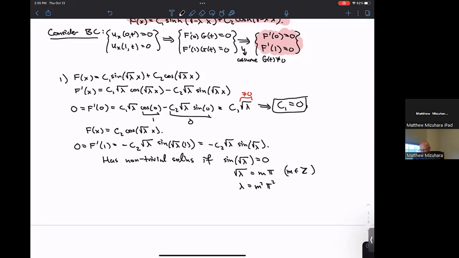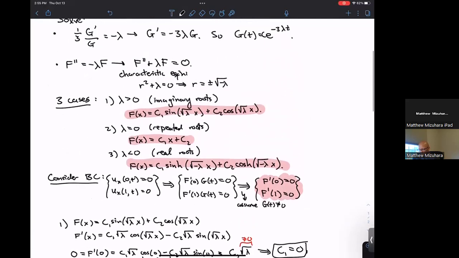Okay, good. So in this case, we do get some candidates for a solution. So f of x is anything of the form, and you can leave the constant in front, you don't have to, cosine of root lambda x, so that's m pi x, plugging in my expression for root lambda. It's sometimes nice to right away write down next to it the associated g function. g is always the same thing way back up here.